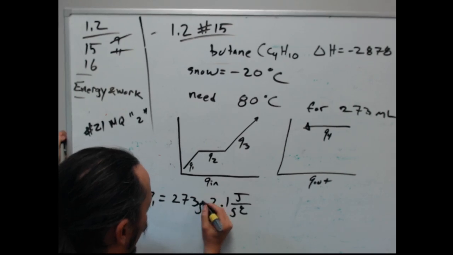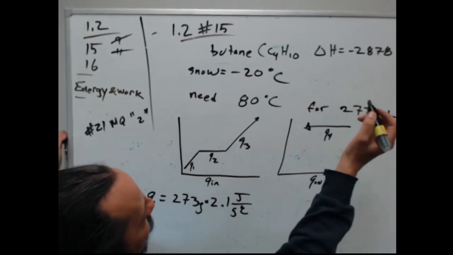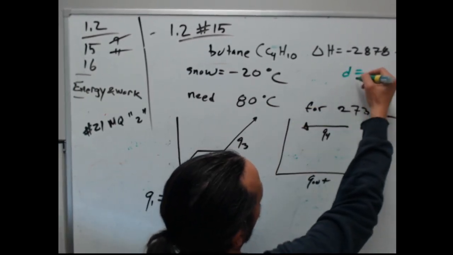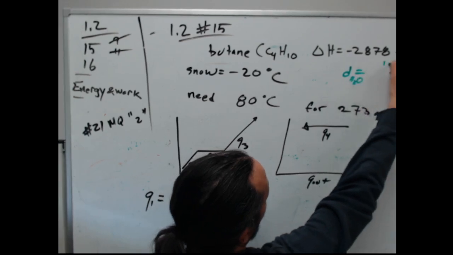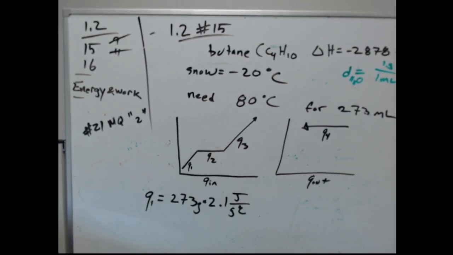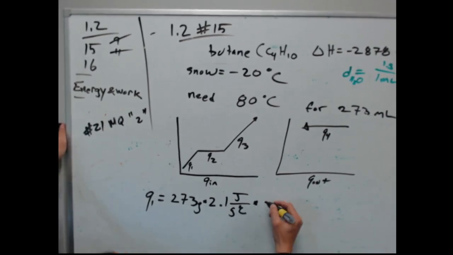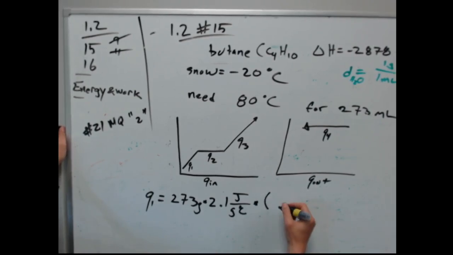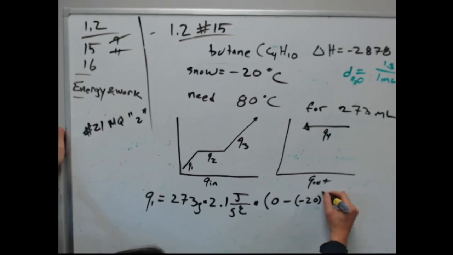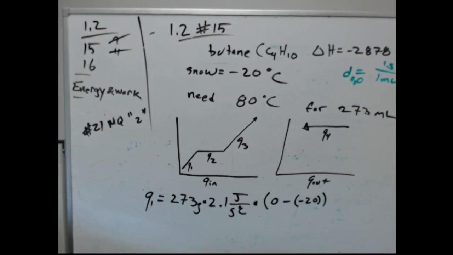Put my units in here, that's grams, because again, implied information, right? I'm assuming that you all remember the density of water is 1 gram per milliliter. So we've got our 273 times 2.1 times our delta T. That T final is going to be 0 minus our T initial, which is going to be an awkward double negative, minus negative 20. Right? So we're going to put energy into that happening.